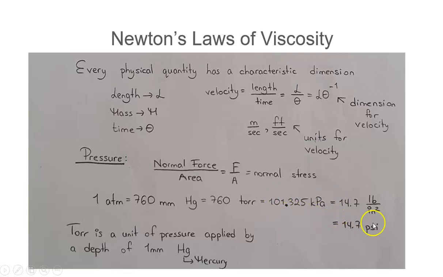This can also be converted to pound per square inch, or several other units depending on what you're working on. Most of the popular units of pressure are the pascal, kilopascal, and the millimeter mercury that we have here. Torr is the unit of pressure applied by a depth of 1 millimeter, and I told you earlier Hg represents mercury.